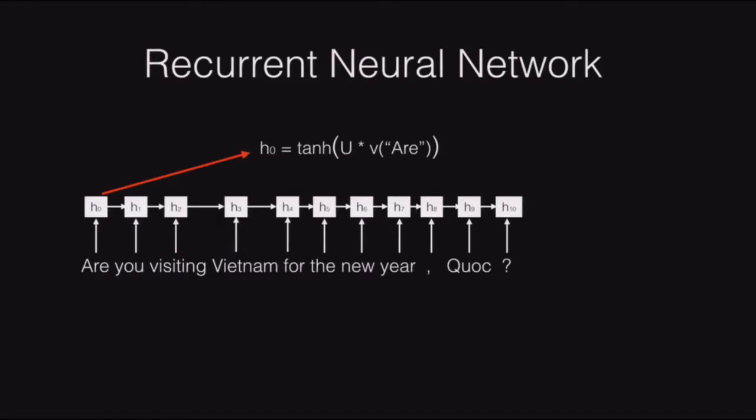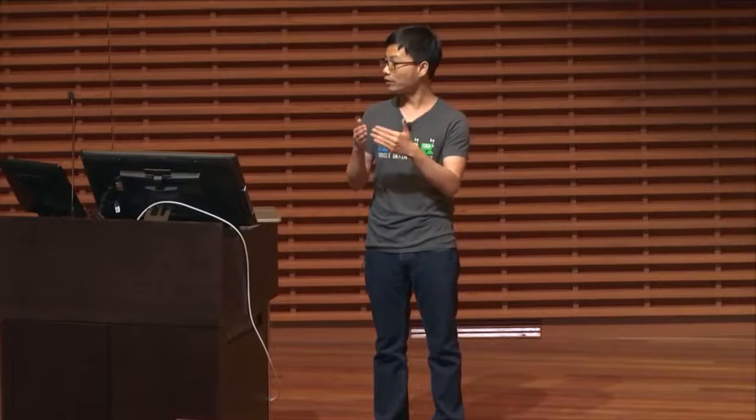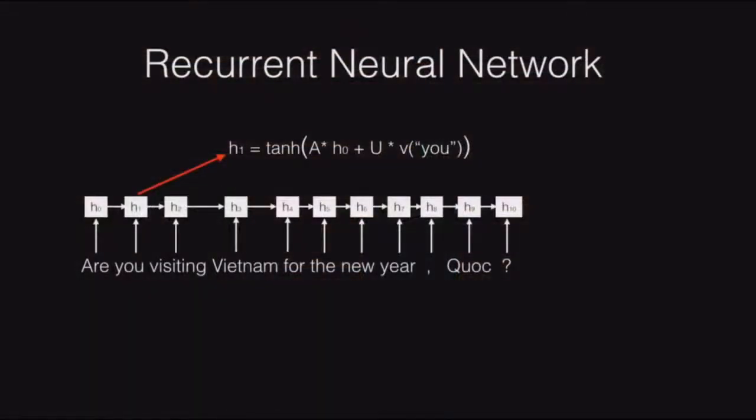So you can take word vectors coming out of word2vec, or you can just randomly initialize them if you want. Okay, so let's suppose that that's h of 0. Now h of 1 would be a function of h0 and the vector for the next word, which is A times h of 0 plus U times the word vector. And then you can keep going with that.